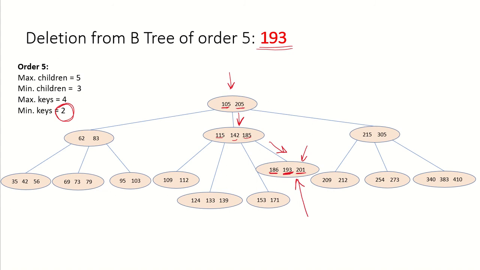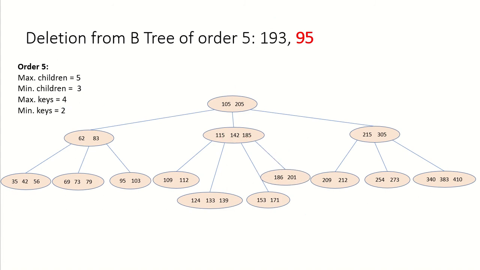That means we can delete this key 193 directly without doing any other processing. So 193, if we delete directly from this particular node, we will still be left with 2 keys and that is the minimum that is required. So 193 can be deleted directly from this particular leaf node. So after deletion of 193, the node would look like this.